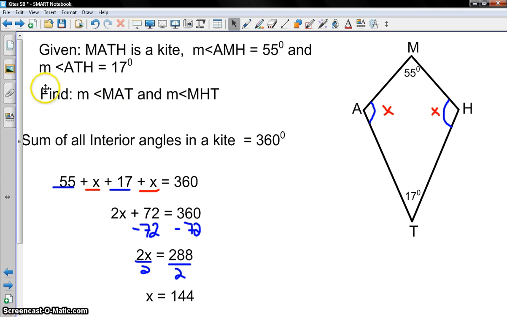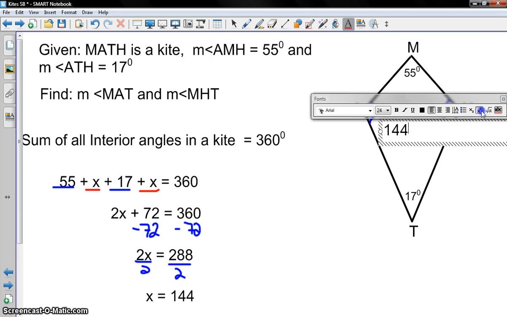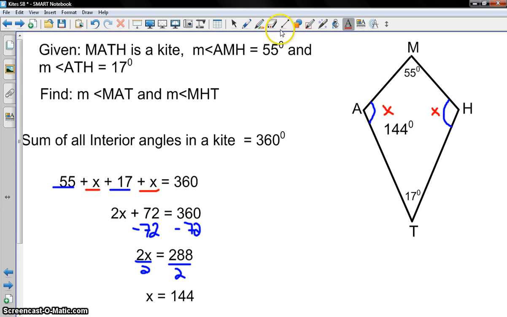So when they ask me to find the measure of MAT, which is x, and MHT, which is also x, then my answer would simply be 144 degrees. And I'm going to have to type this again. So instead of doing it, I'm just going to clone it. And I'm going to say that both of those are 144 degrees. And we are done.